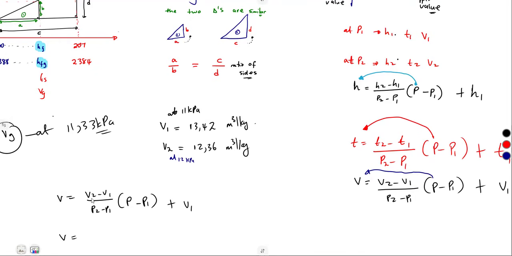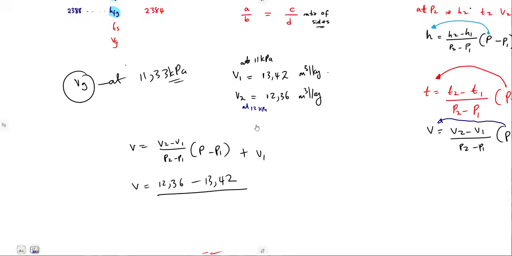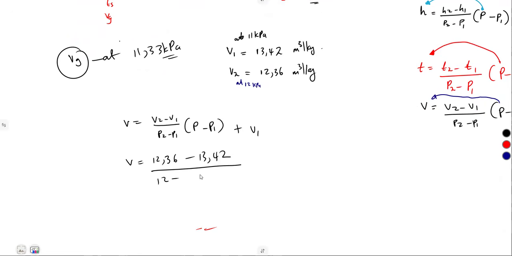So it follows that V2, you already have it. This is 12,36 minus V1, 13,42, over the pressures P2 minus P1, top minus bottom, 12 minus 11, into P minus P1.